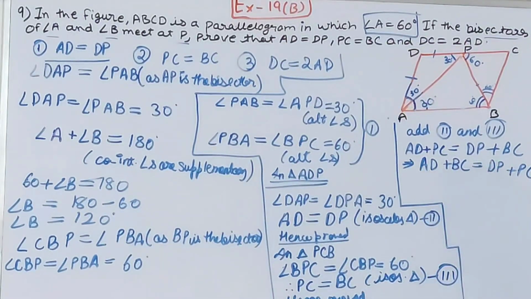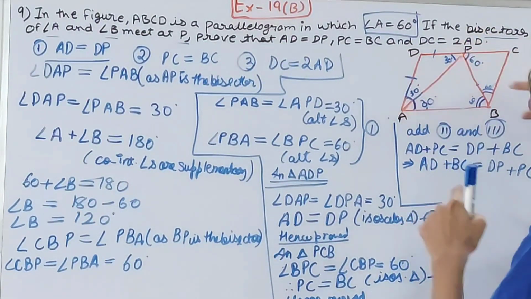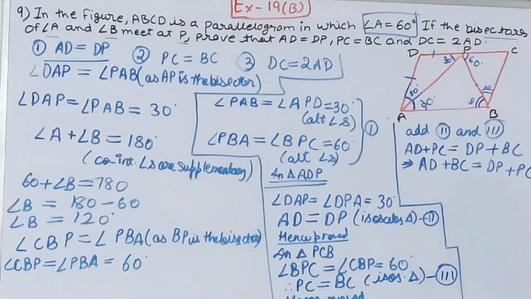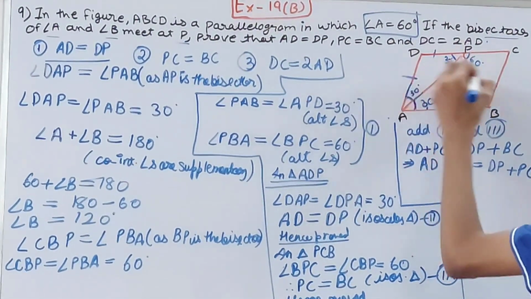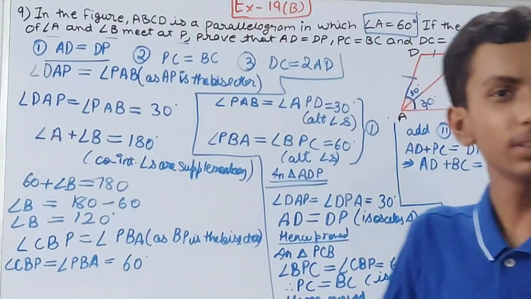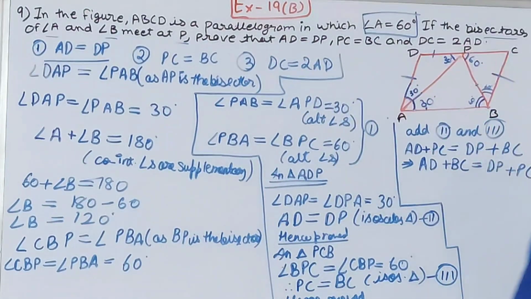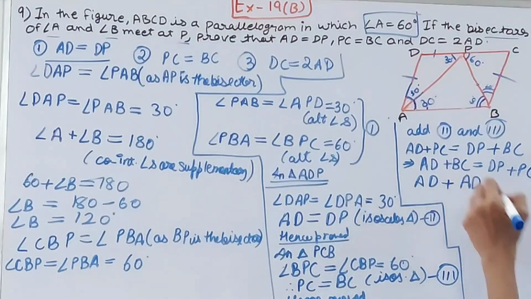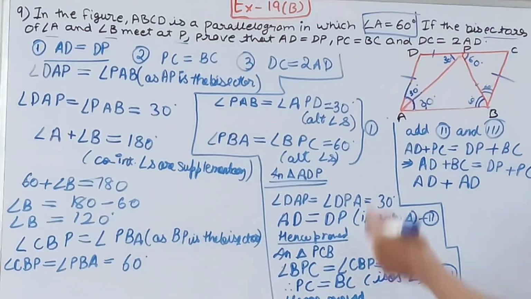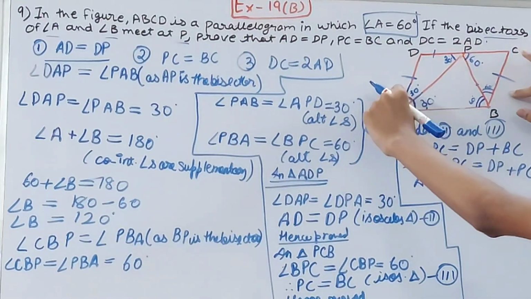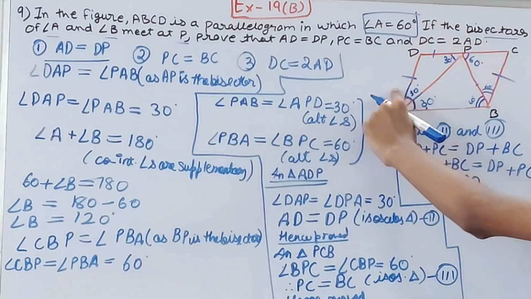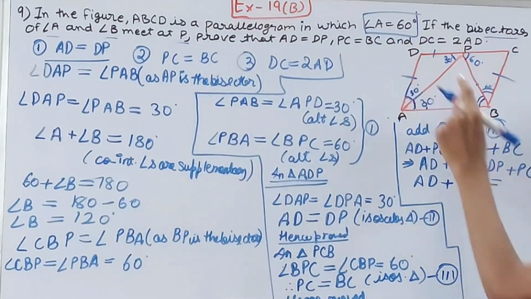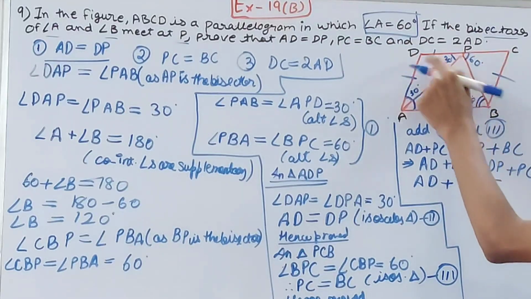Now look carefully here. AD and BC, are they not equal? Because it is a parallelogram, so this side will be equal to this side or not? Yes, opposite sides are equal in the parallelogram. So AD plus AD, right? Is there any wrong if I write it like this? No, because AD and BC are equal only. So BC can be written as AD also, and that only I have done here. Okay, DP plus PC, DP plus PC, what is it forming?